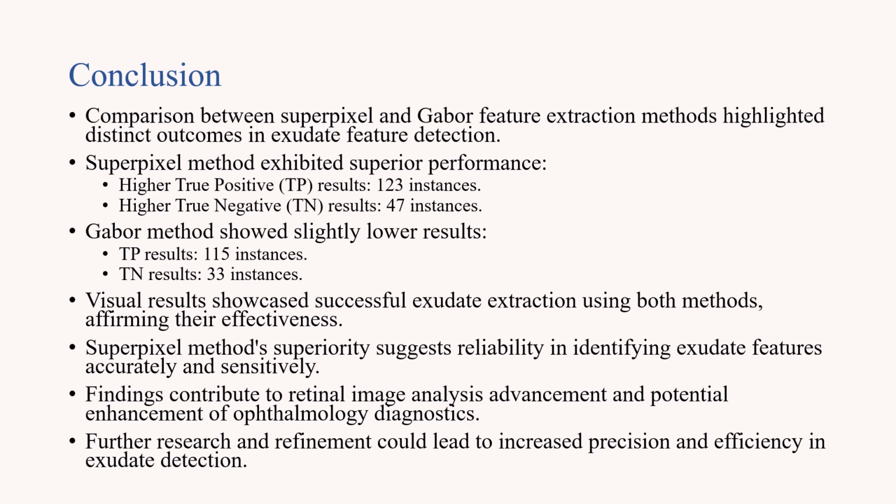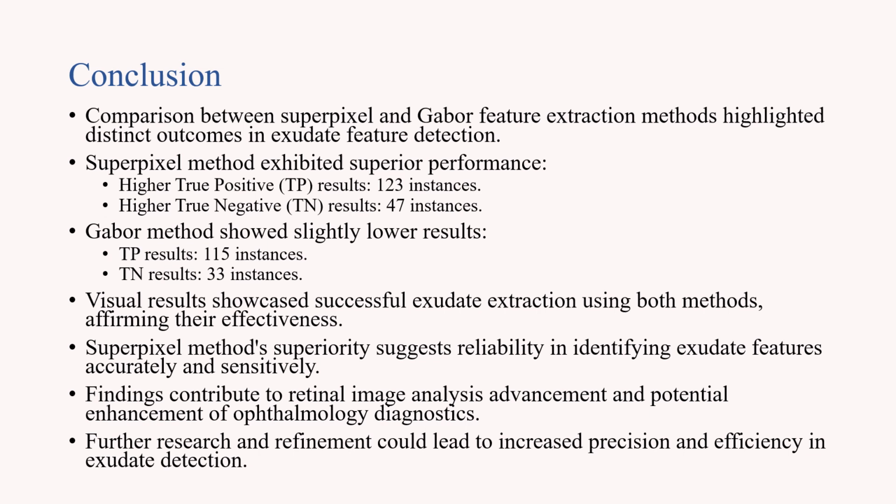In conclusion, the comparison between Superpixel and Gabor feature extraction methods highlighted distinct outcome in exudate feature detection. The Superpixel method exhibits superior performance with higher true positive and true negative results. The Gabor method shows slightly lower results. Visual results showcase the successful exudate extraction using both methods, affirming their effectiveness.